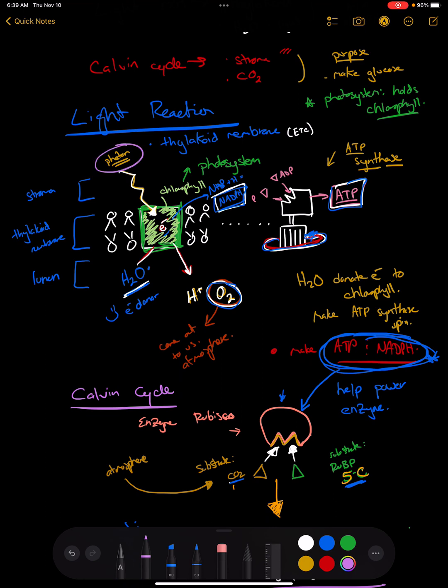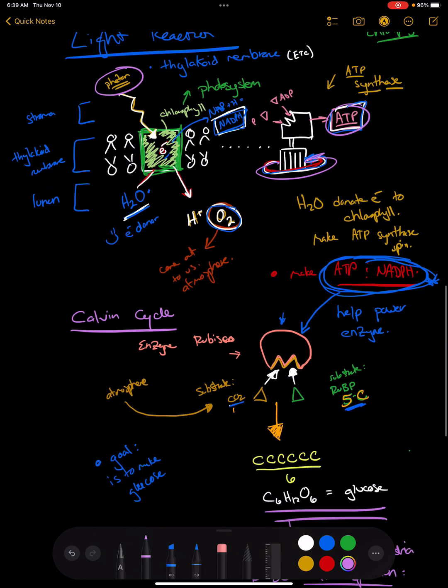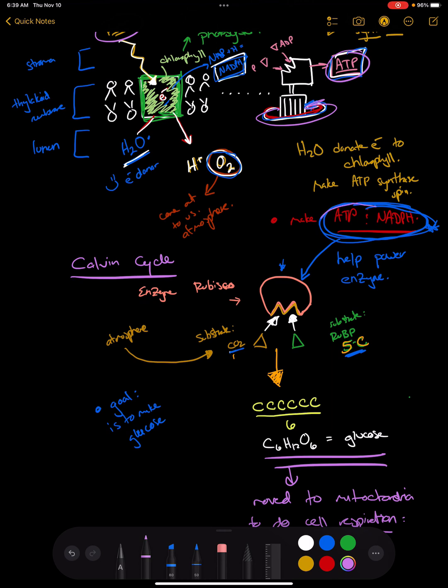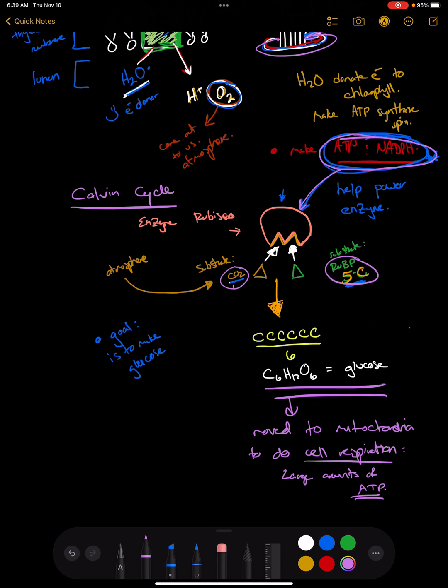That way I can get the excited electron to make the ATP synthase spin so I can make ATP. NADP pulls out that used electron to make NADPH so I can do that whole process. Then I can use the ATP and the NADPH to make this enzyme work, so I can take in the CO2 and the RuBP and make my final product, which is that sugar, so I can send it to cell respiration.